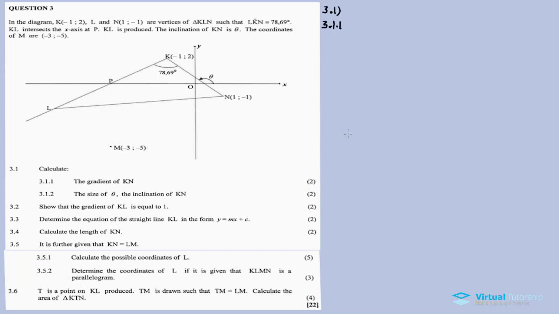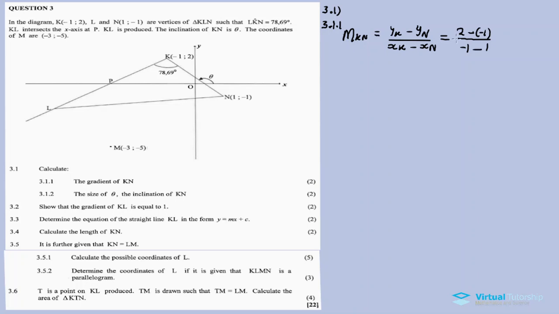It's a straightforward one. Since the coordinates of K and N are given, we can just plug into this formula. Gradient mKN is equal to yK minus yN over xK minus xN. So yK is 2, yN is -1, xK is -1, and xN is 1.